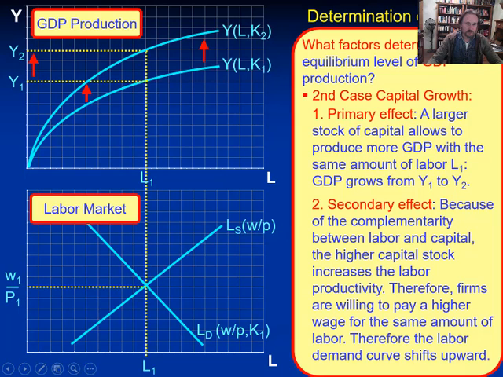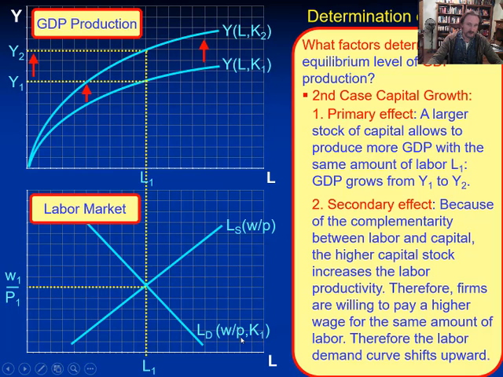But there is also a secondary effect. Because of the complementarity between labor and capital, the higher capital stock increases the productivity of labor. Therefore, firms are willing to pay a higher wage for the same amount of labor.